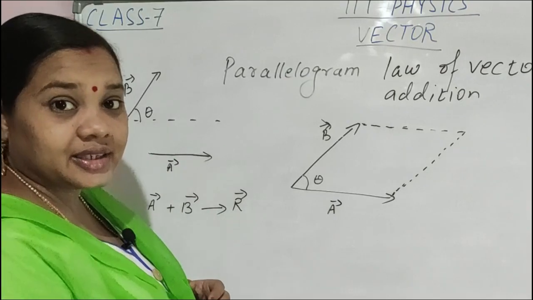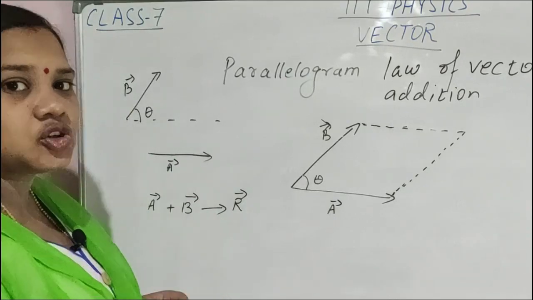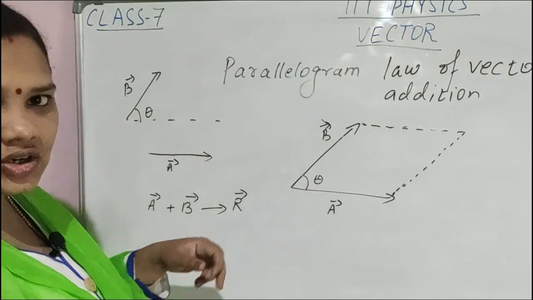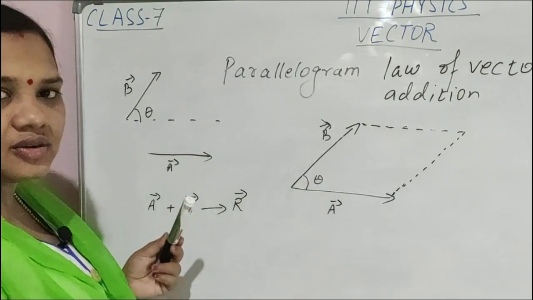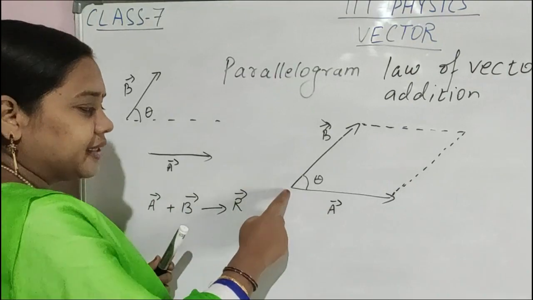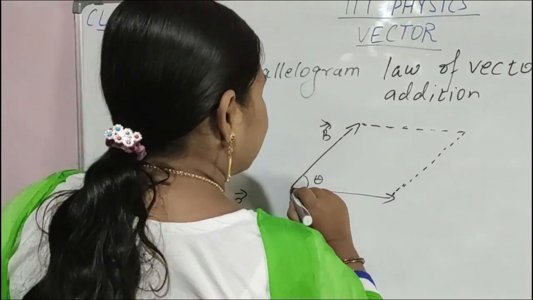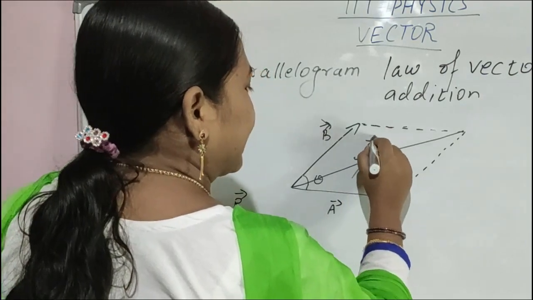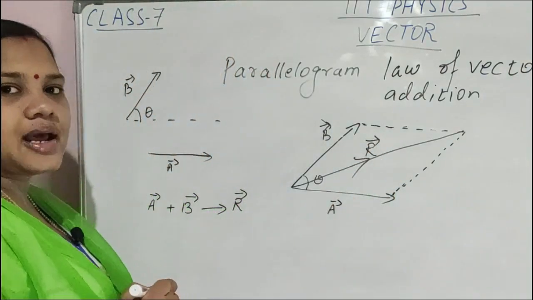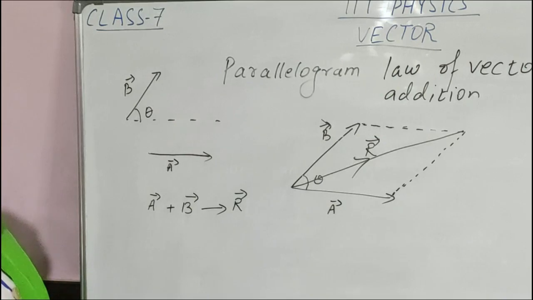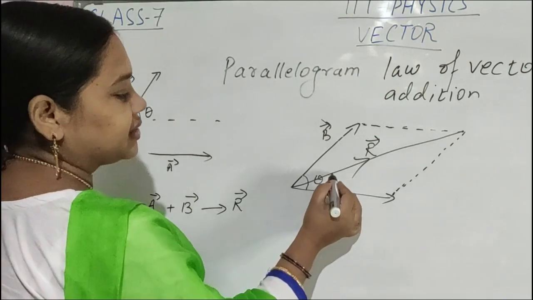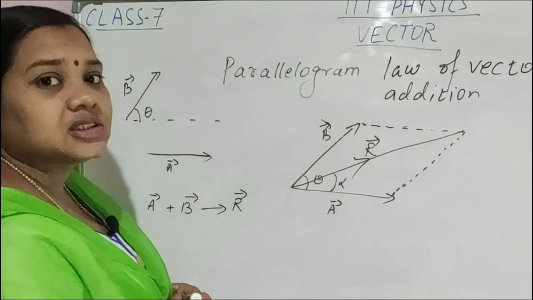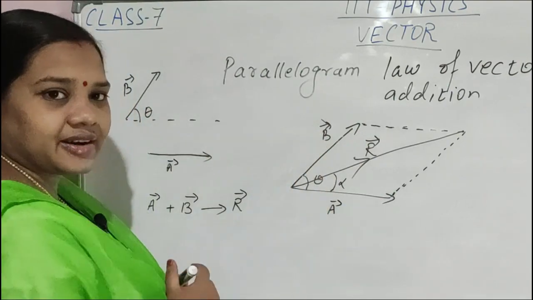Children, the resultant vector always starts from the common intersection point. That is the diagonal of this parallelogram. The diagonal of this parallelogram is the resultant vector. The resultant vector makes an angle alpha with vector A, which is the direction of this resultant vector.